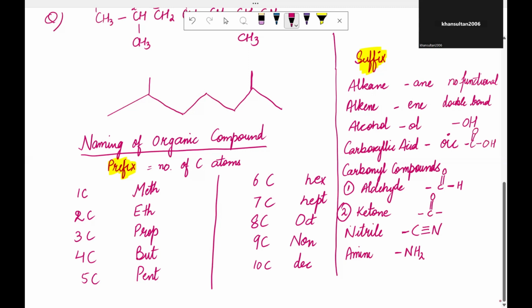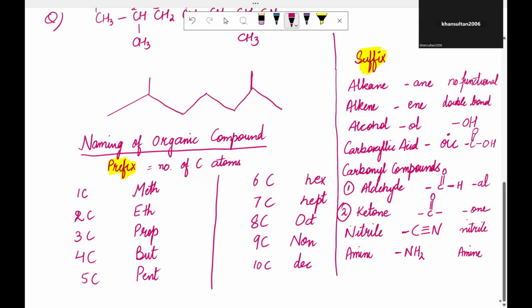So this is whole about suffix. Okay, and I have not written their suffix. Aldehyde suffix would be al. Ketone suffix would be on. Nitrile suffix would be just nitrile like this. Amine would be the same as its name.